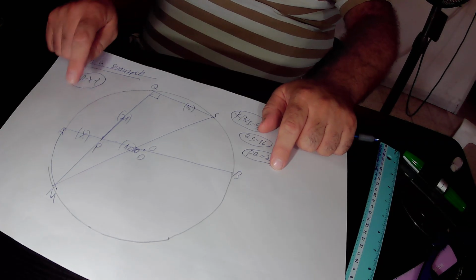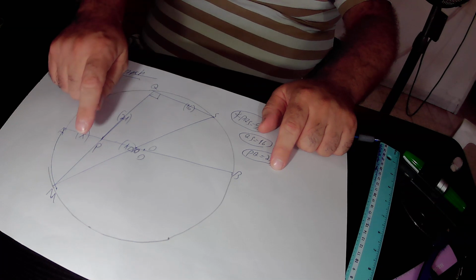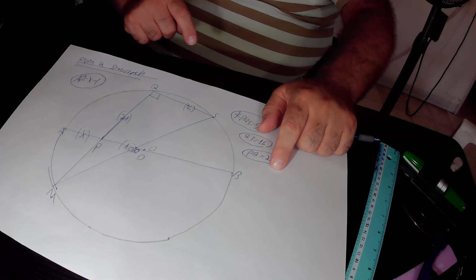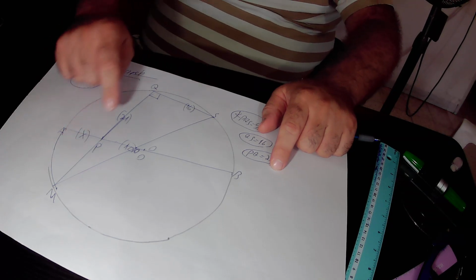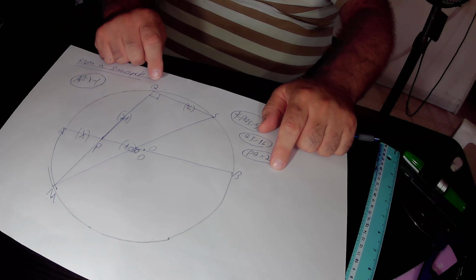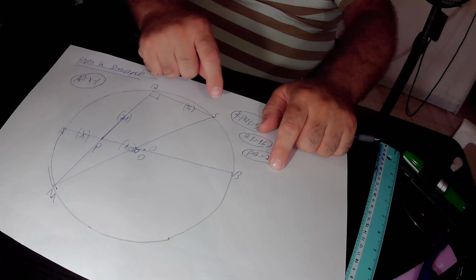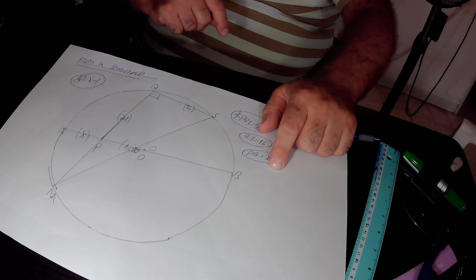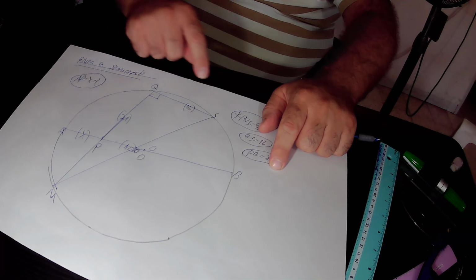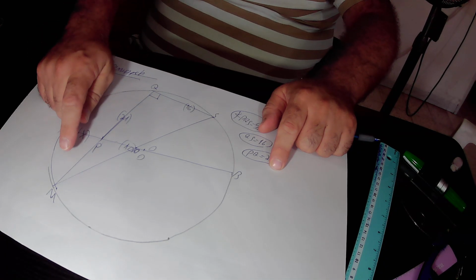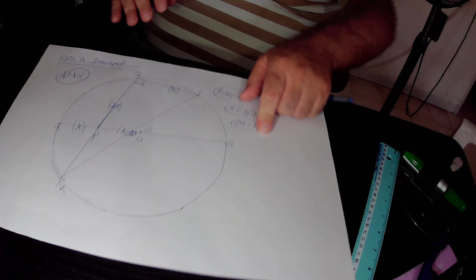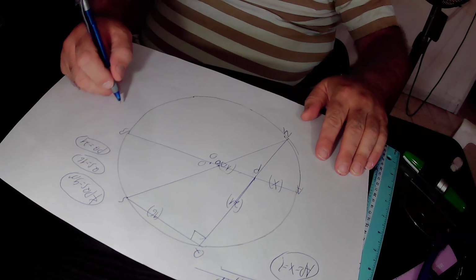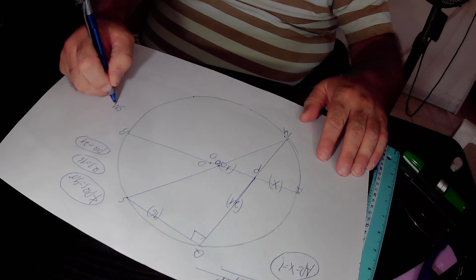Peripheral angle SQM subtends on SM, and therefore SM must be the diameter of the circle according to rule 5. So I write it down, and we found out that SM is the diameter of this circle according to rule 5.